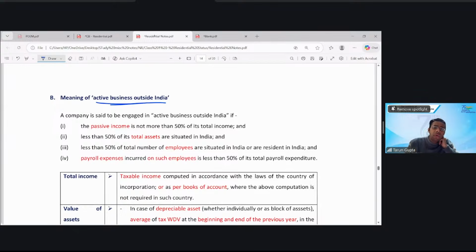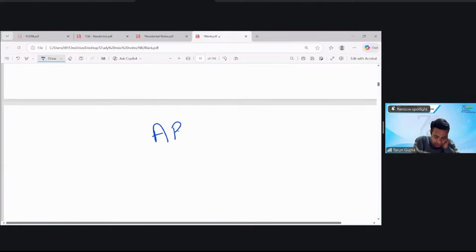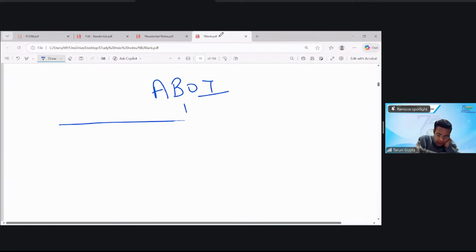Now we will see when we say that a company has an active business outside India. A company is said to be engaged in active business outside India if its passive income is not more than 50% of total income. So if the passive income is up to 50%, a company is said to be carrying on active business outside India if it satisfies all the four conditions.